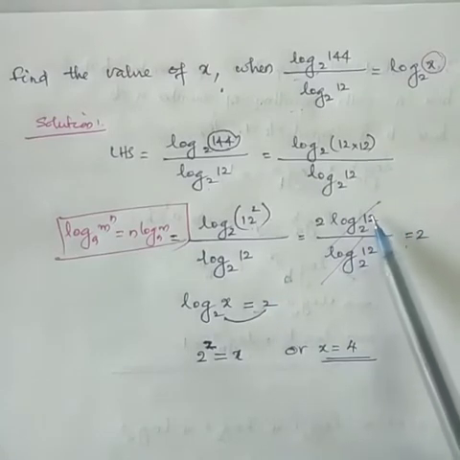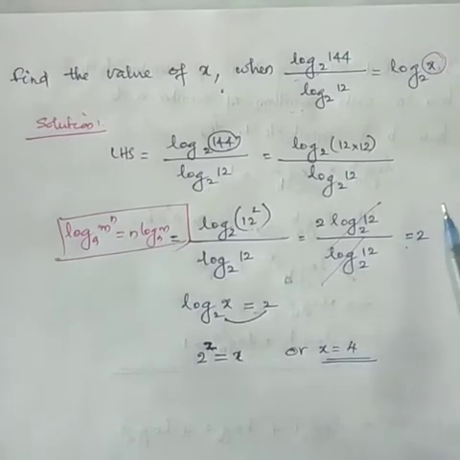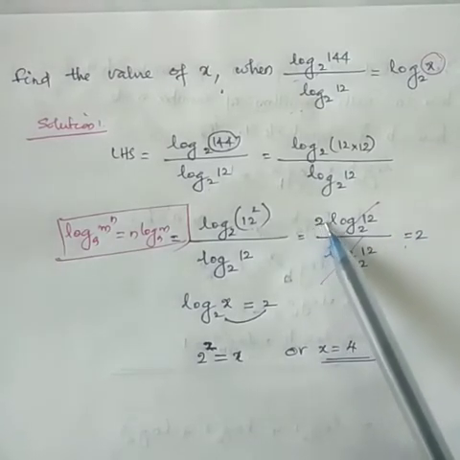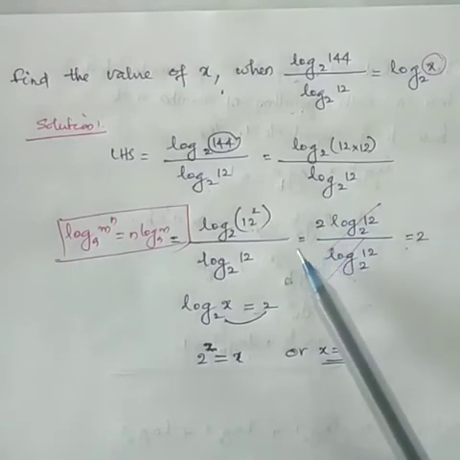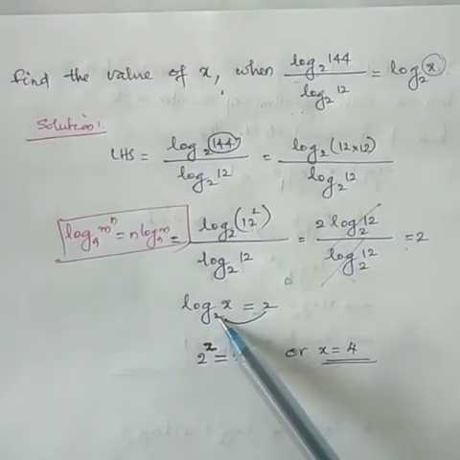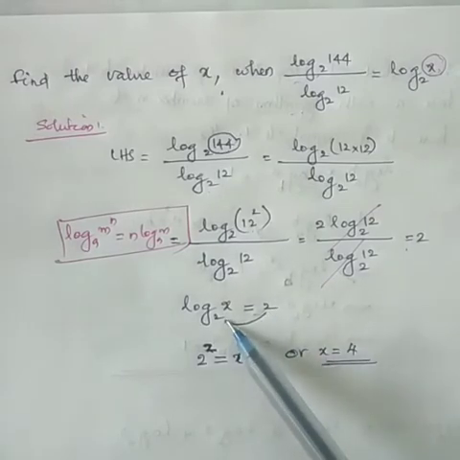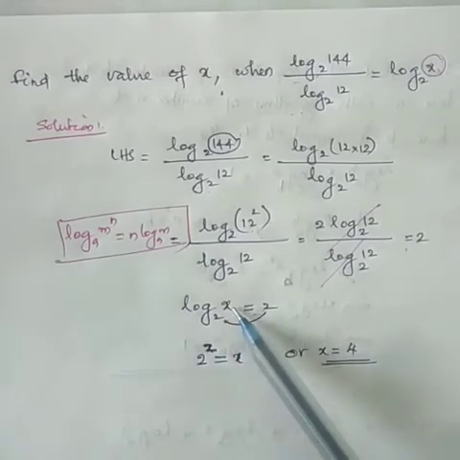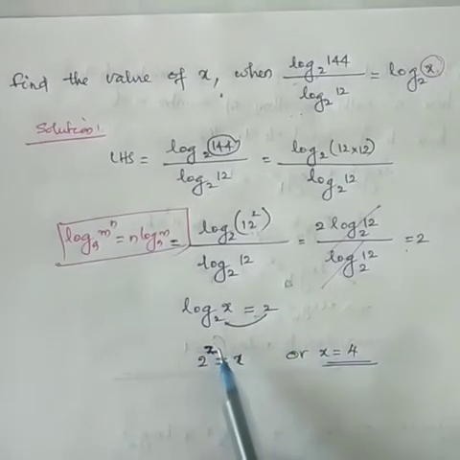Here log 12 to the base 2 cancels, and the remaining is only 2. Therefore, log x to the base 2 equal to 2. By the definition of logarithm, 2 raised to 2 equal to x, or x equal to 4. 2 raised to 2 is 4.